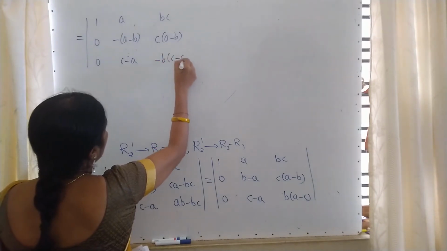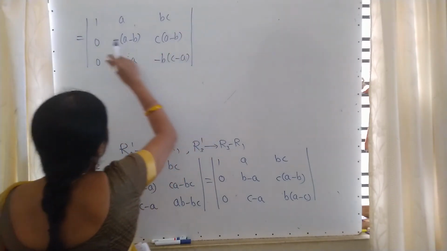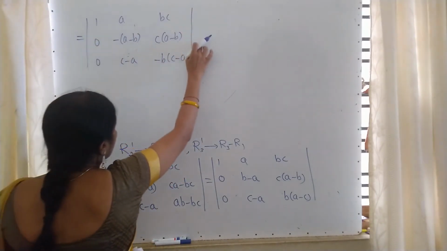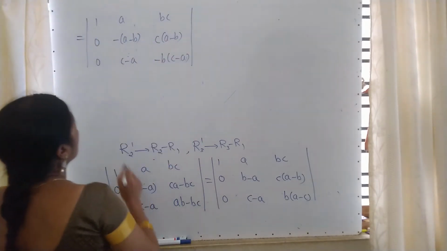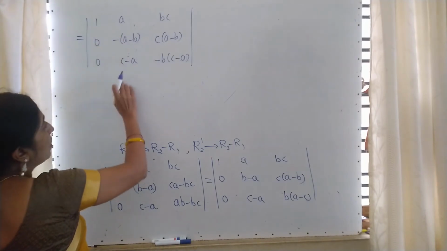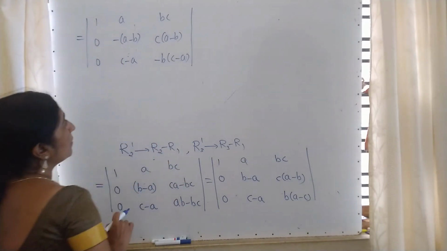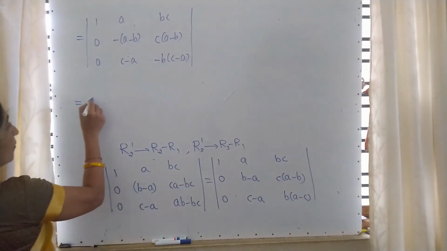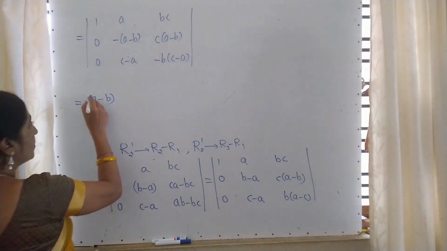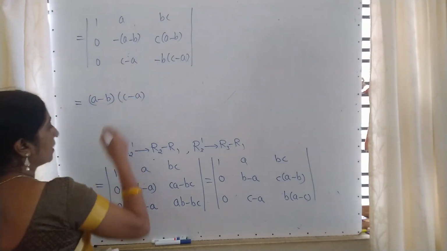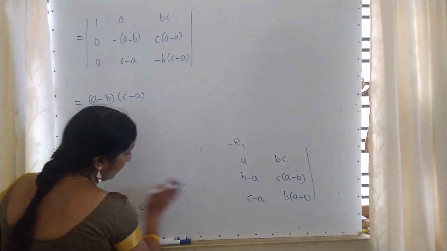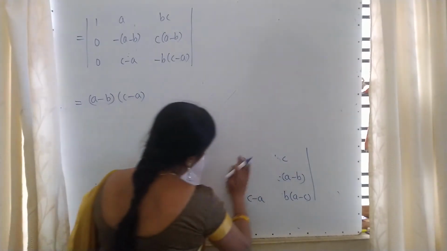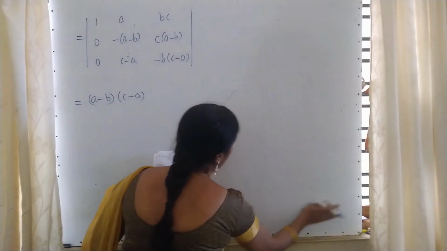In this determinant, in the second row I am taking A minus B common because 0 into A minus B is 0. In the third row what is common? C minus A. Take common. It is A minus B and C minus A. In a determinant, you can take a common from any one row or one column, not from all the elements.